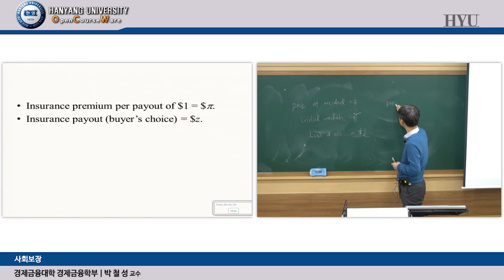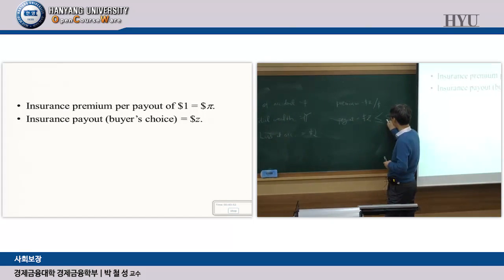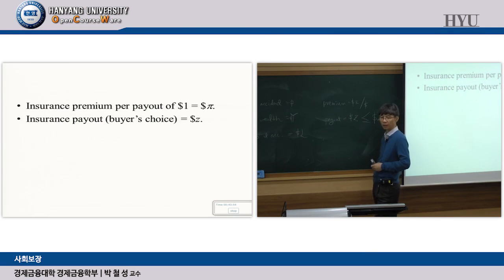So the premium is pi per dollar, and the payout you choose is $Z. It should be no greater than L dollars.